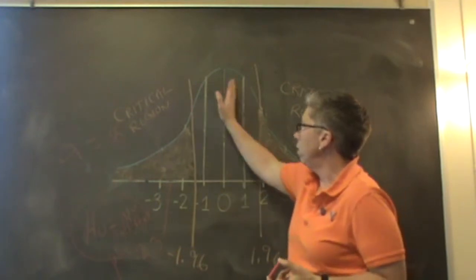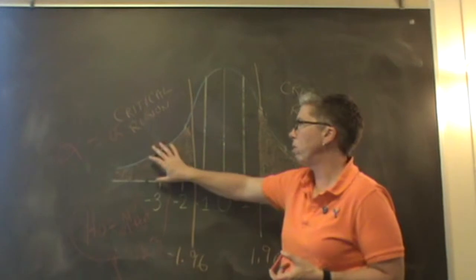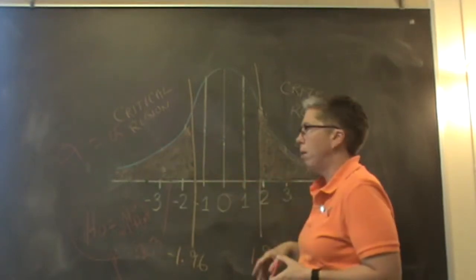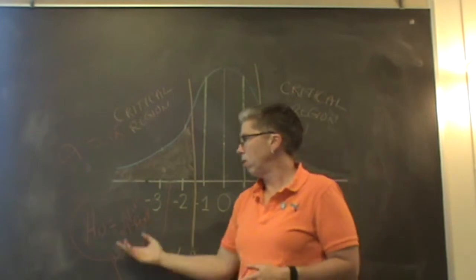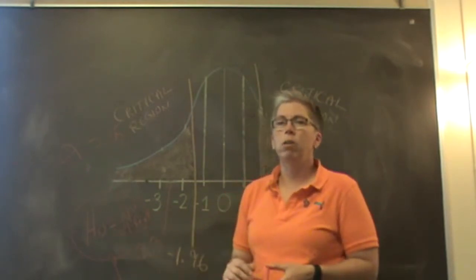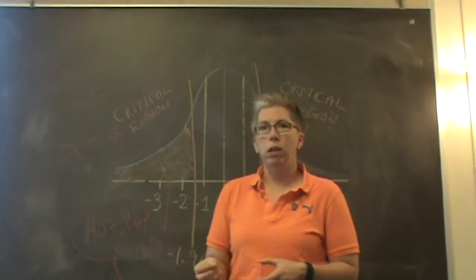So these are highly probable means that you would get given chance alone, and these ones are less probable. But they're still possible. So that's why when we're going to make a decision about the null hypothesis, I want you to either reject the null hypothesis or fail to reject the null hypothesis.